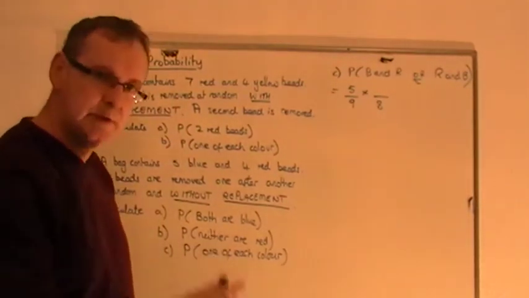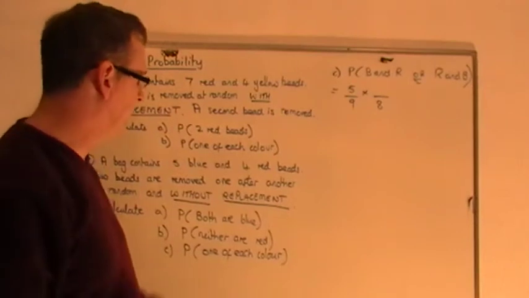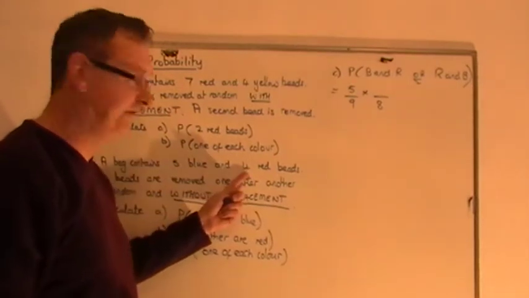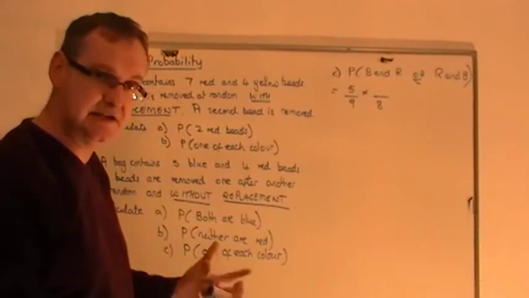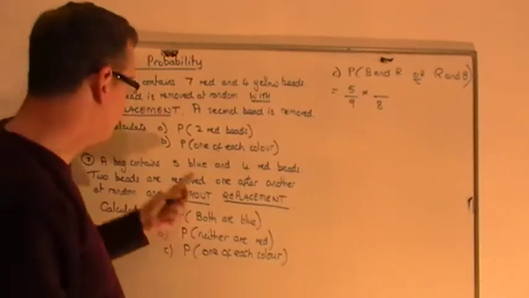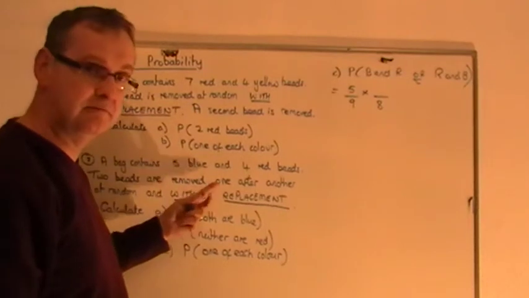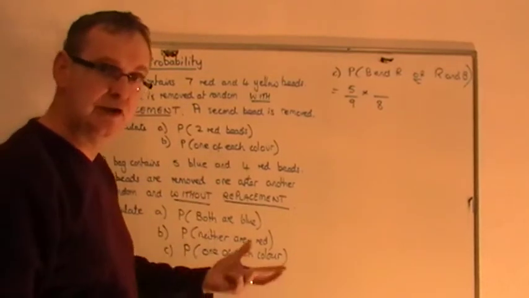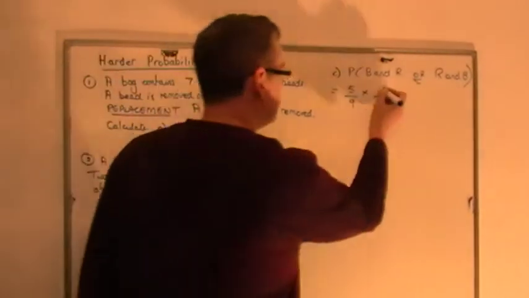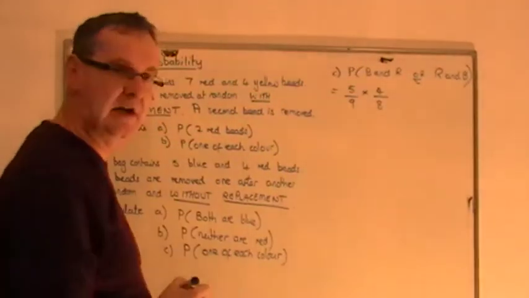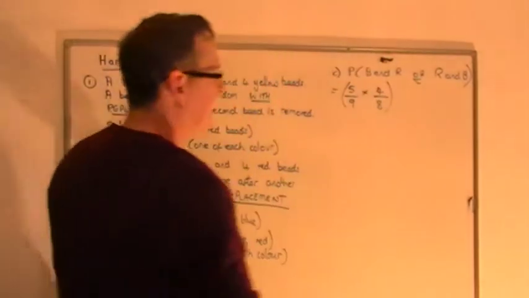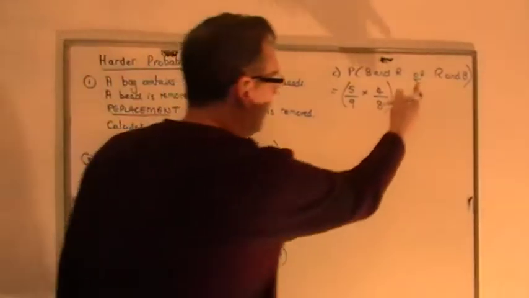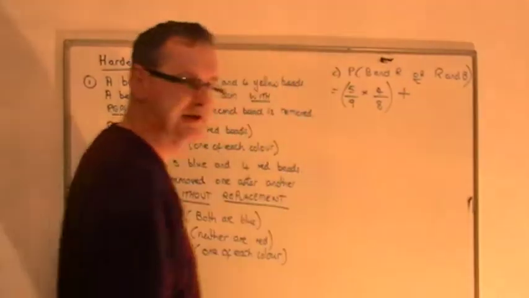The first blue bead has gone, but we still have the original 4 red beads in the bag. They haven't gone anywhere. There's only 4 blue beads left. One of the blues is gone, but the original 4 red beads are still there. So this now is 4 out of 8. 4 red out of 8 that are left. That's the first option. Or, plus.